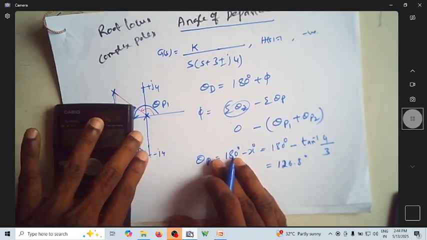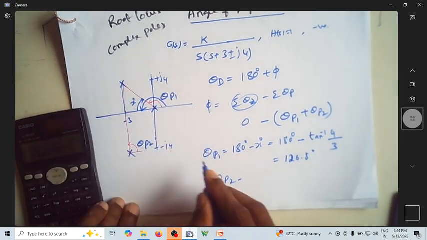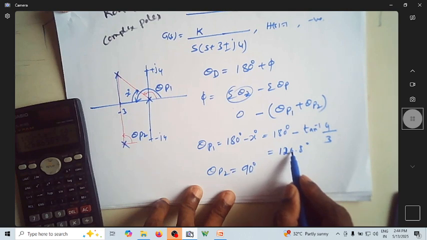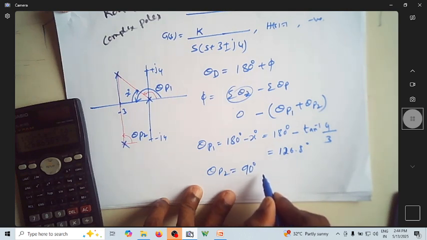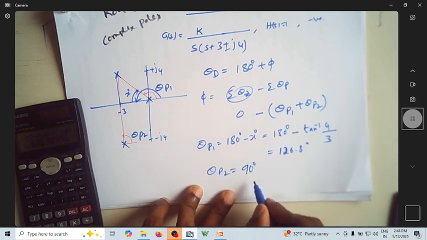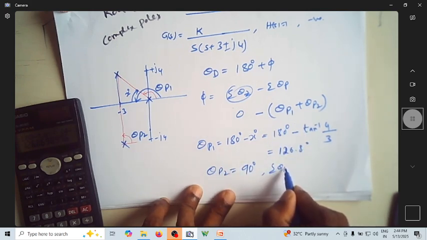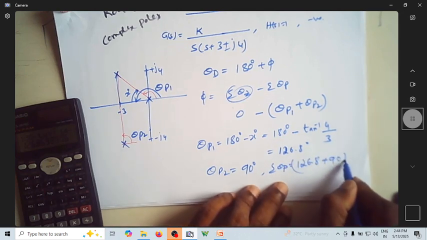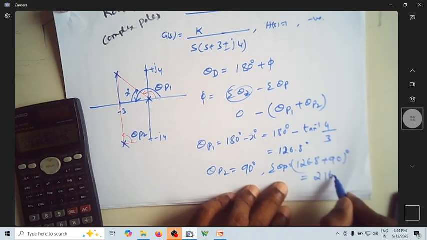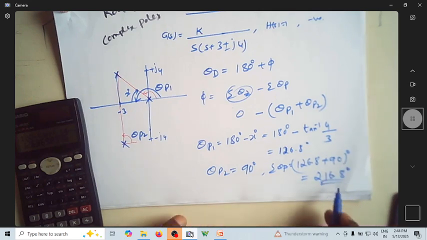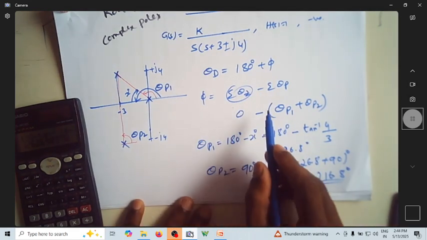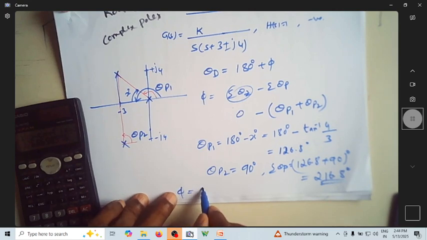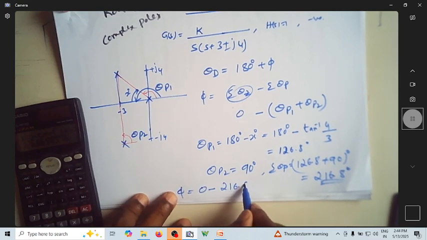Theta p2 is straightforward; it is exactly opposite to that, and on top of that, this is 90 degrees. So the summation of theta p is 126.8 plus 90 degrees, which becomes 216.8 degrees. This is theta p. So phi becomes 0 minus 216.8 degrees.